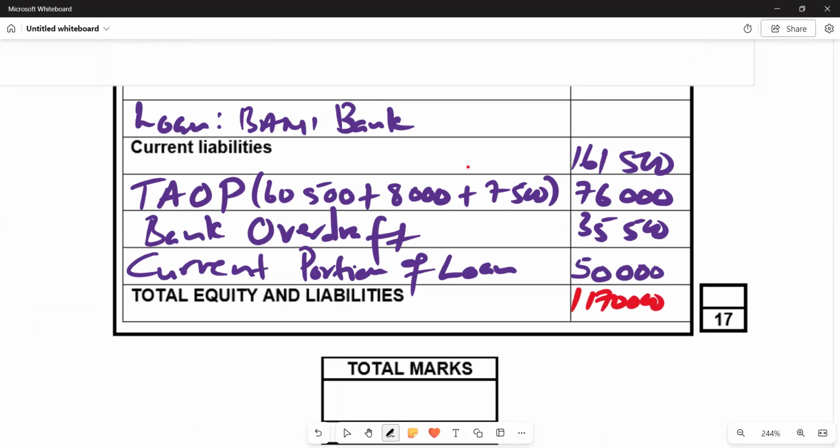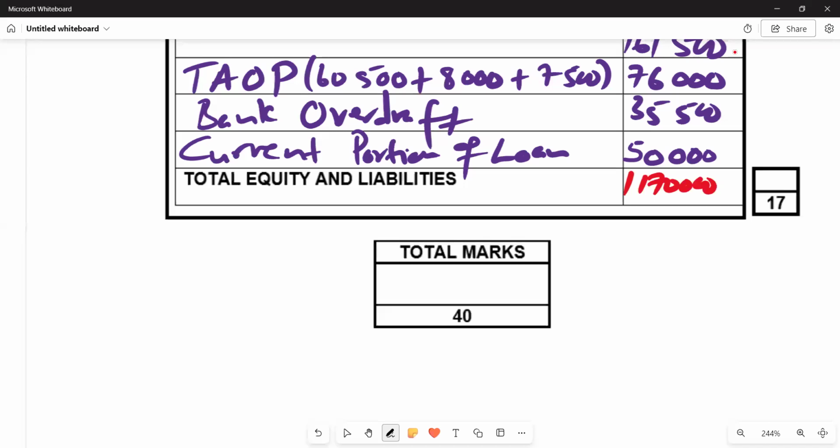After putting it here, it becomes easier for us to find the figure for non-current liabilities. To get this figure for total equity and liabilities, we say owner's equity plus liabilities.